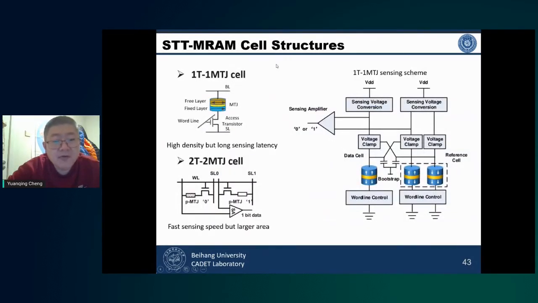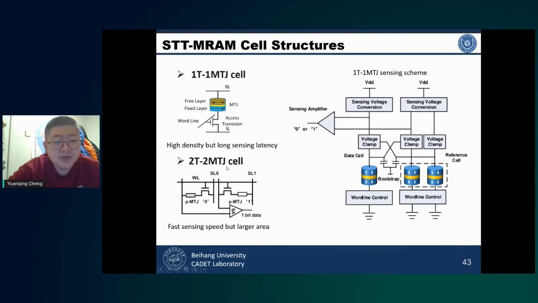Before our work, some other cell structures have already been proposed. That is the 1T1MTJ cell. I also mentioned this cell structure in previous work.